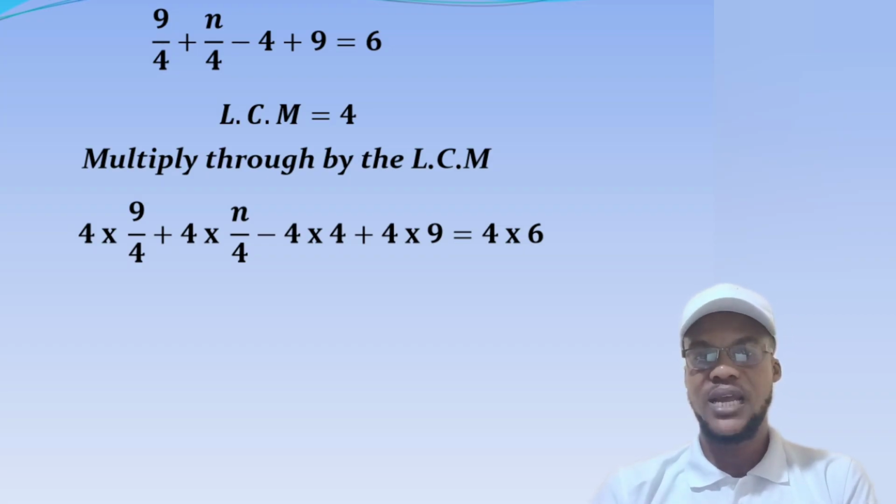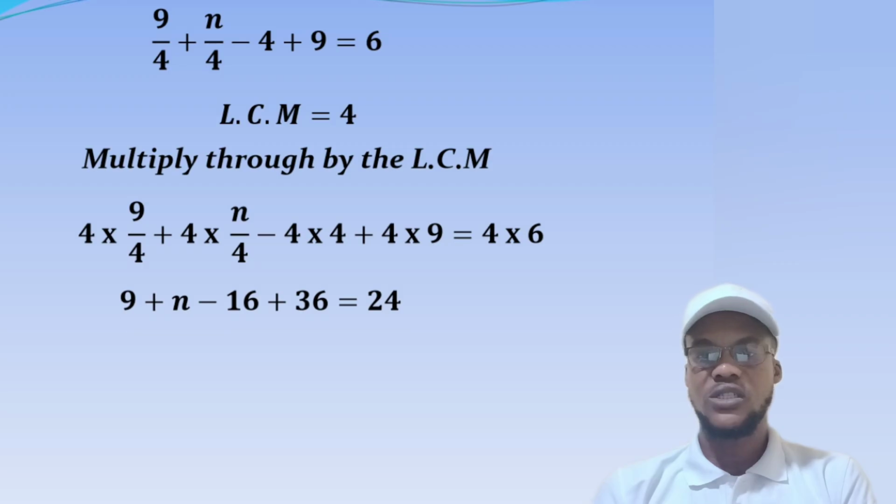So we have 4 multiplying 9 on 4 plus 4 multiplying n on 4 minus 4 multiplying 4 plus 4 multiplying 9, which is equal to 4 multiplying 6. When you multiply that, the 4 will cancel the 4 out, leaving 9 behind.